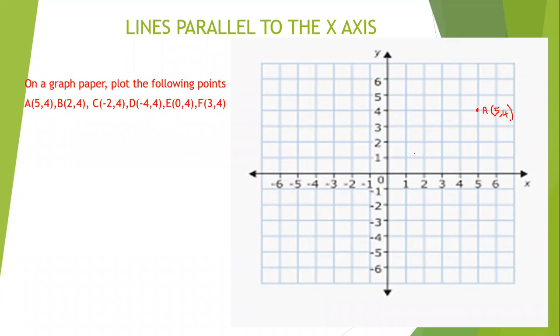Next, B, 2, 4. The next point is B, 2, 4. So the x coordinate over here is 2 and the y coordinate is 4. So on the x-axis, we have 2 over here and on the y-axis, we have 4 over here. So when you start drawing the lines like this, the point will come over here, right?